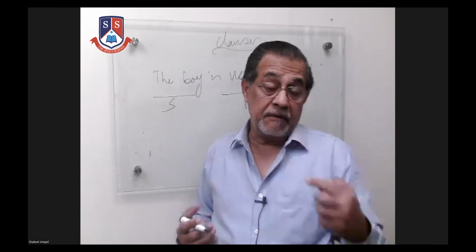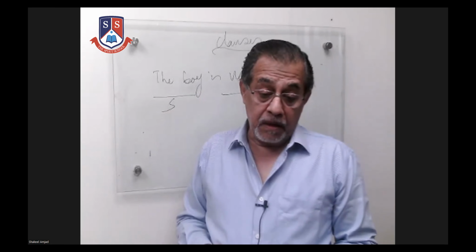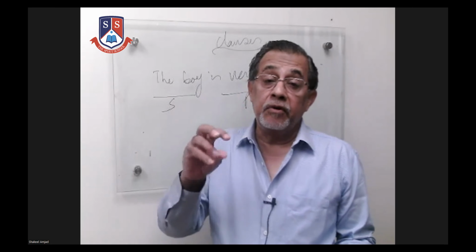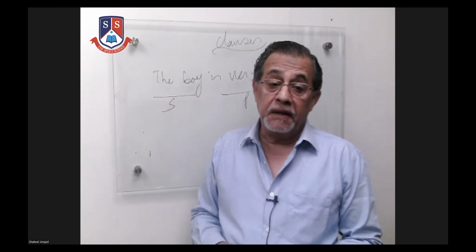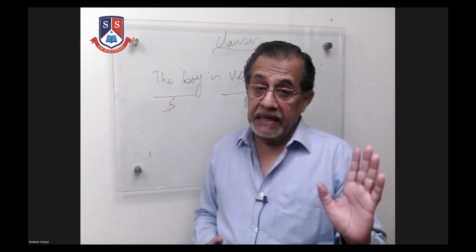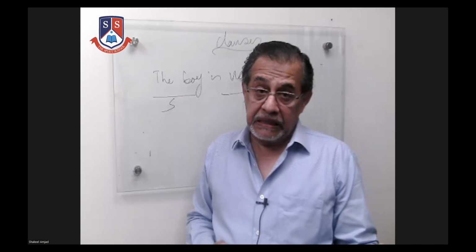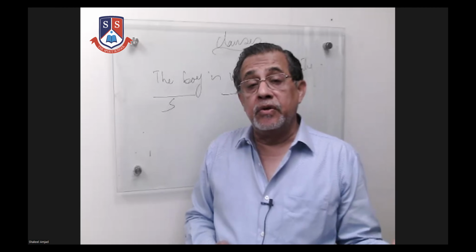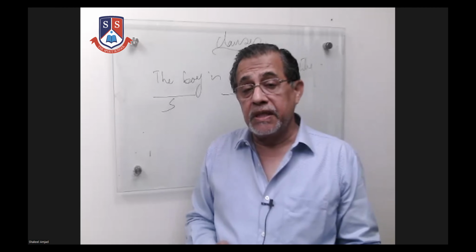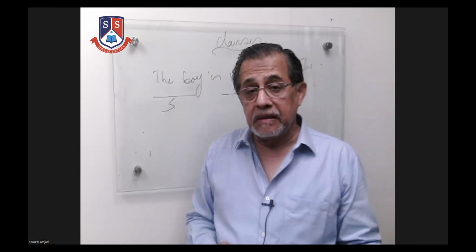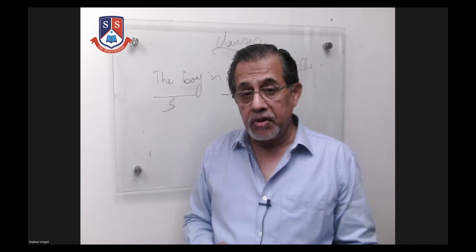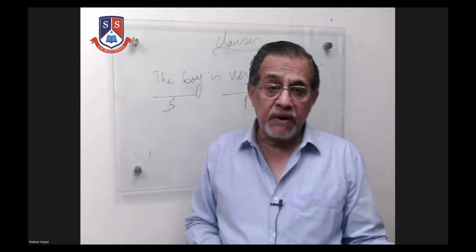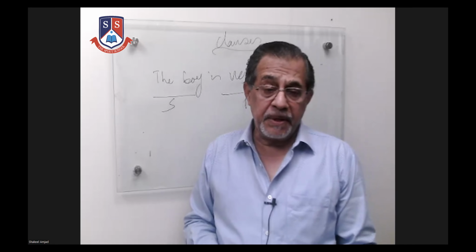So whenever we have a group of words that gives a complete meaning, and it can stand alone to give a complete meaning, it's independent. It's an independent clause. It's a simple sentence, right? And it must have a subject and a predicate.